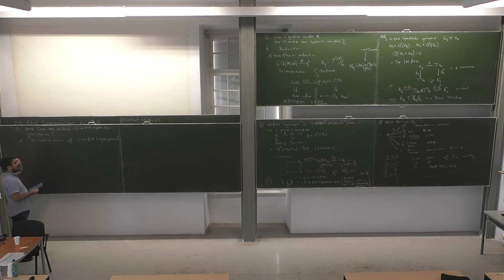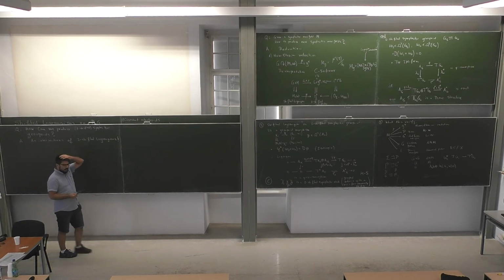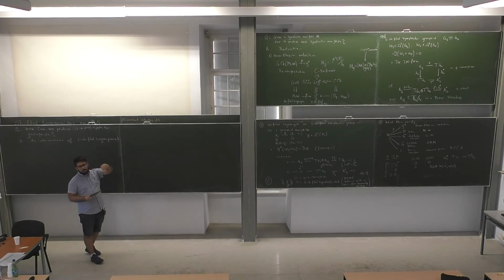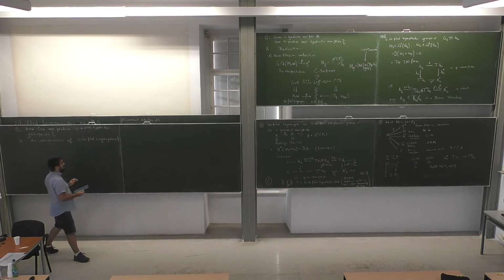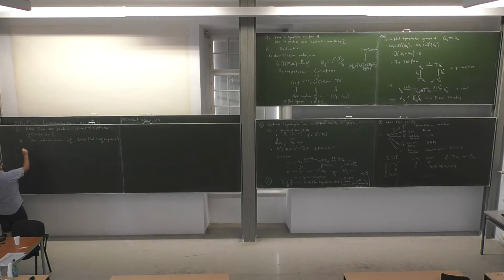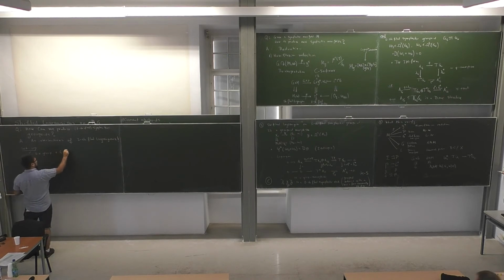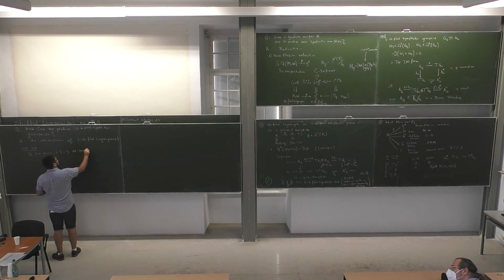I don't want to explain what a two-shifted symplectic groupoid is in general, but I will give you an example, that is BG. The setup is G, a Lie group, plus an ad-invariant non-degenerate pairing on my Lie algebra.